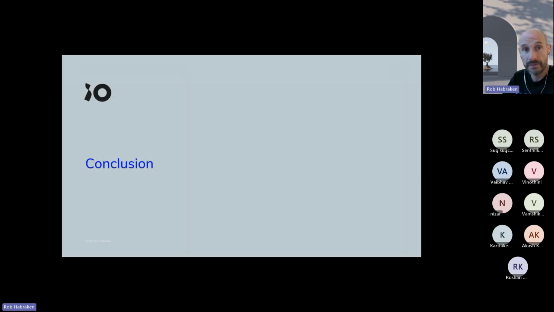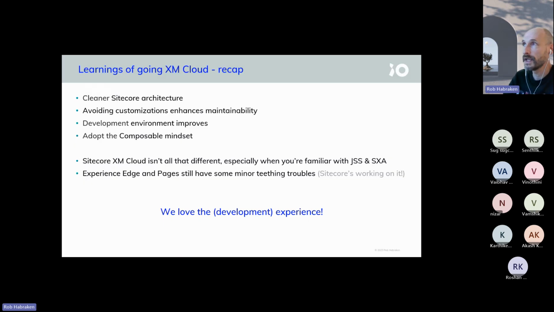So, time to wrap up and for a conclusion. For us, XM Cloud meant a cleaner architecture, both for Sitecore as well as our own implementation, which actually leads to a better implementation. And avoiding customizations doesn't limit your options. It actually enhances maintainability.